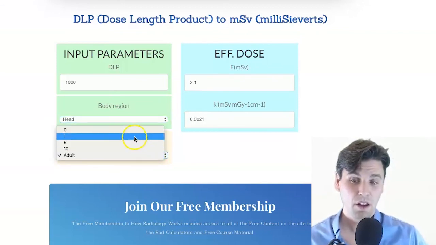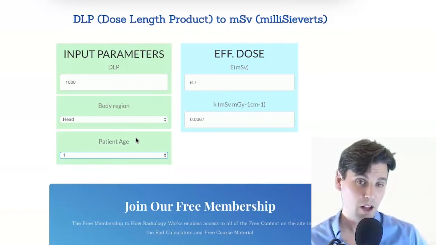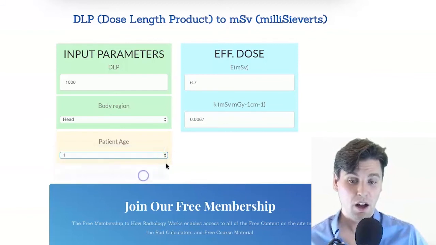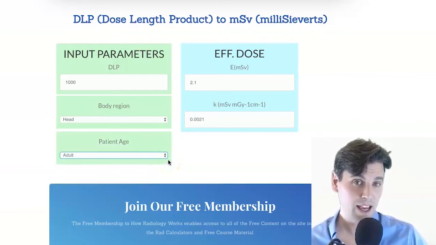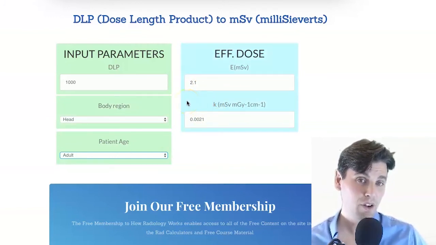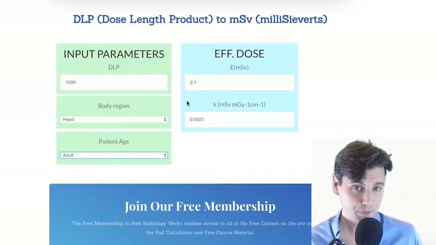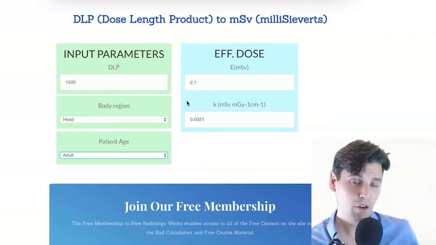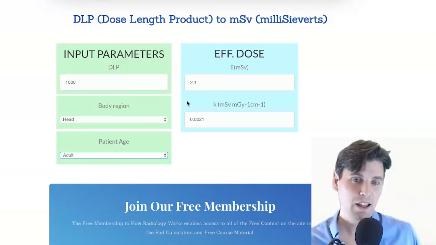If that was a 1-year-old, then we're talking about 6 millisieverts, so significantly more because of the age of the patient. But for a standard head and an adult, we're talking about 2 millisieverts. Again, for reference, the background radiation dose in the United States is around 3 millisieverts. So we're talking about roughly 2/3 of the background radiation dose for a typical standard head-only non-contrast CT scan.